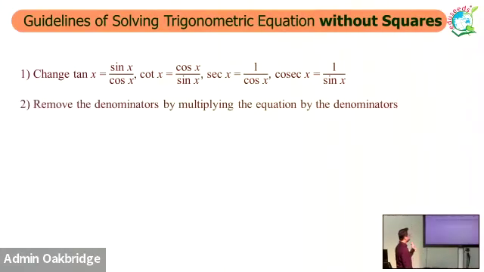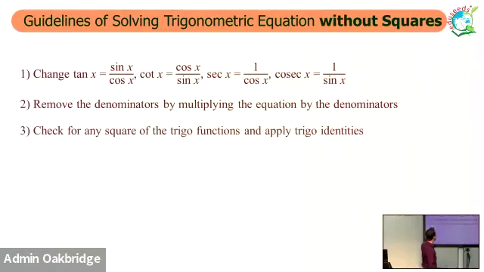And then try to remove the denominators by multiplying the equation by the denominators. Somehow in this step, you will find square because you multiply by the denominators. Then you can check for any square of trigo functions, and then you can apply the trigo identities. But sometimes you still cannot find any square.